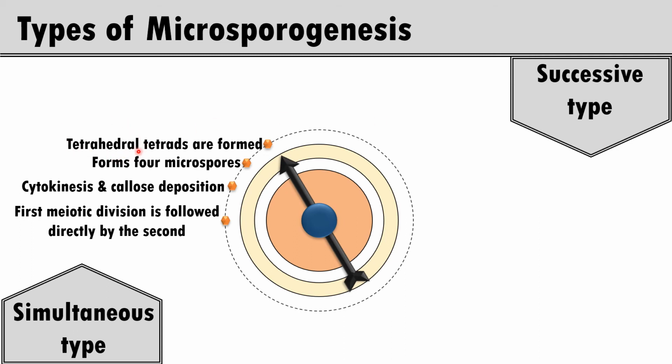The type of tetrads formed here are tetrahedral tetrads. It is because the two divisions occur without cytokinesis. Only after the two nuclear divisions get over does cytokinesis occur by callose deposition.